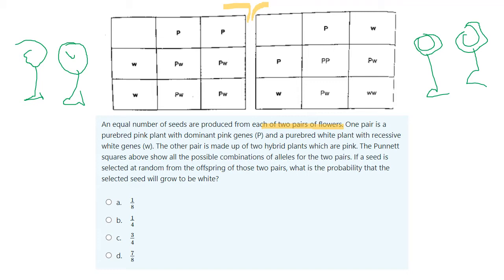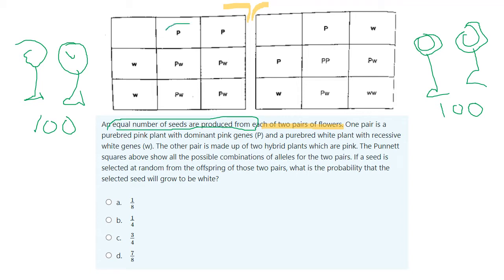But we get an equal number of seeds from each one. So maybe we get 100 seeds from here and we get 100 seeds from here. We get an equal number of seeds from each one. One pair is purebred pink plant with dominant genes, and a purebred white plant with recessive genes.